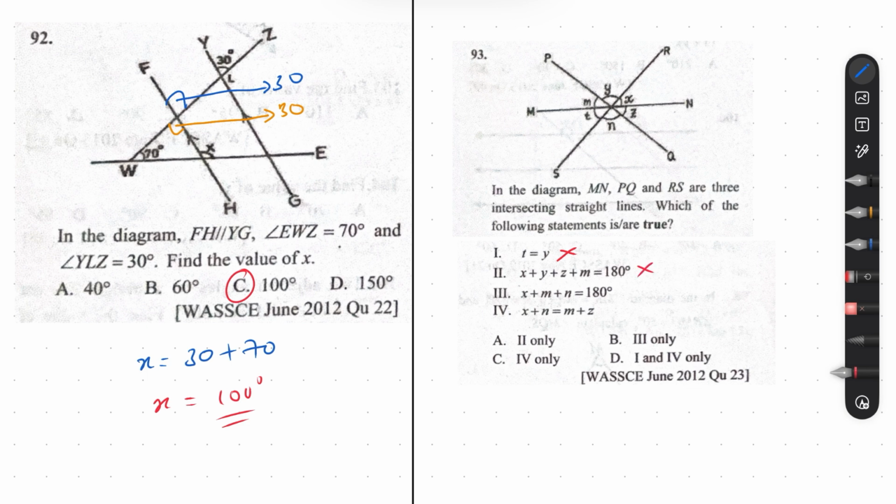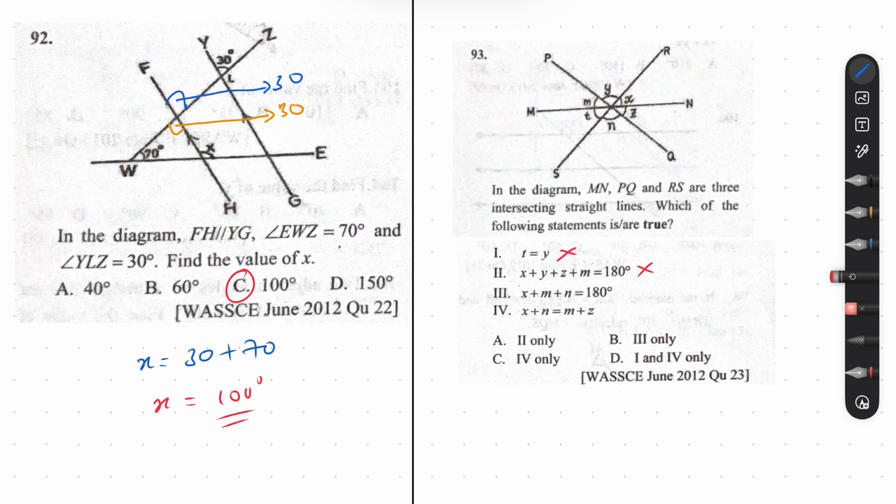Let's go to this one, statement I. It says X plus M plus N equals 180. That is very true because this N is equal to Y, so this N is replacing the Y over here. So X plus N plus M is equal to 180, which is true because angles on a line add up to 180.